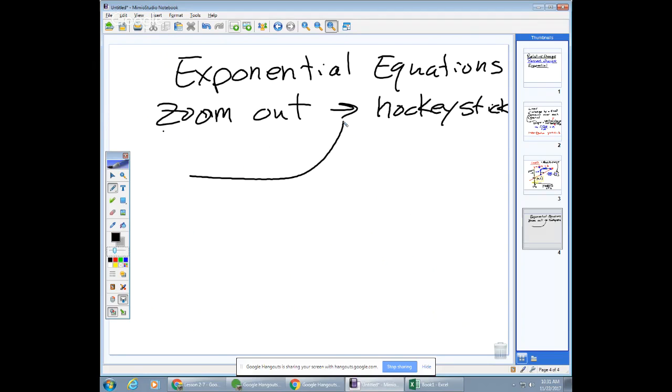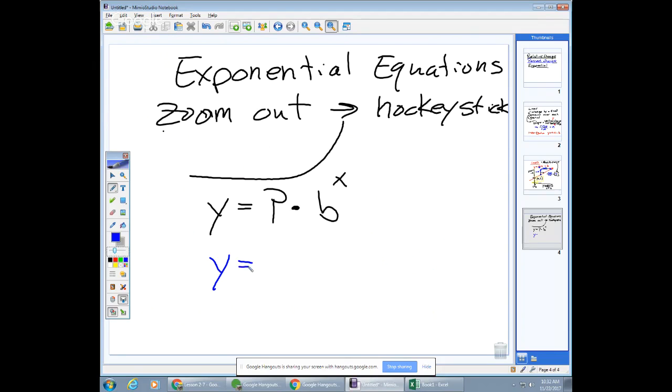Exponential equations, there's a few different variations of them, but they'll generally look like, I'm going to put a P here for like the starting population, times some base, and that base is raised to a power. So an example, a simple one, let's suppose a town is really booming and the population doubles every year.